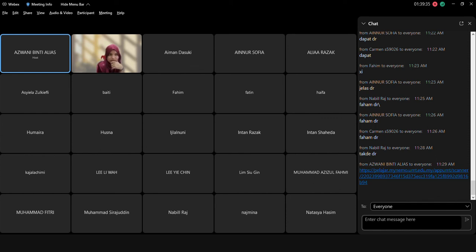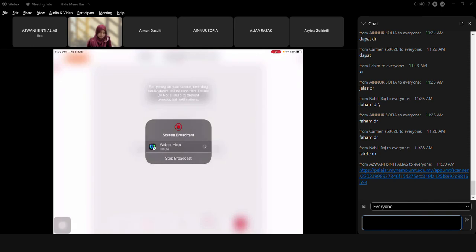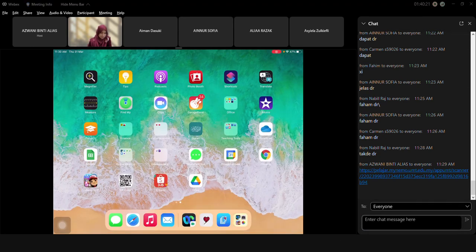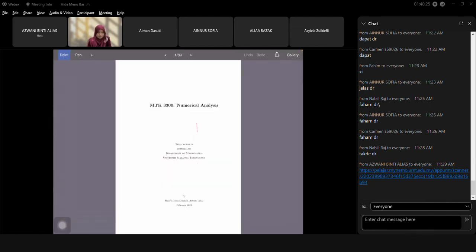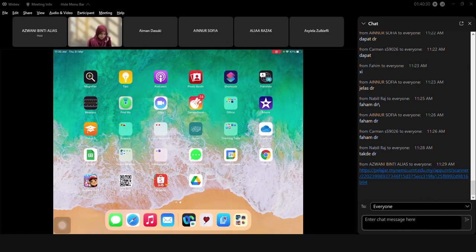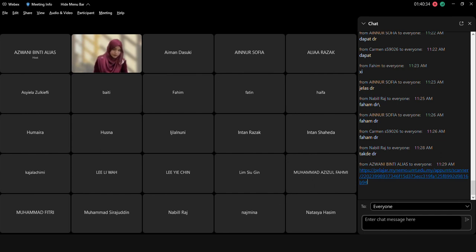Nak saya ajar terus ke Newton method? Ataupun next week? Boleh terima tak kalau saya ajar ini? Cara ni nak proceed ke nak stop?